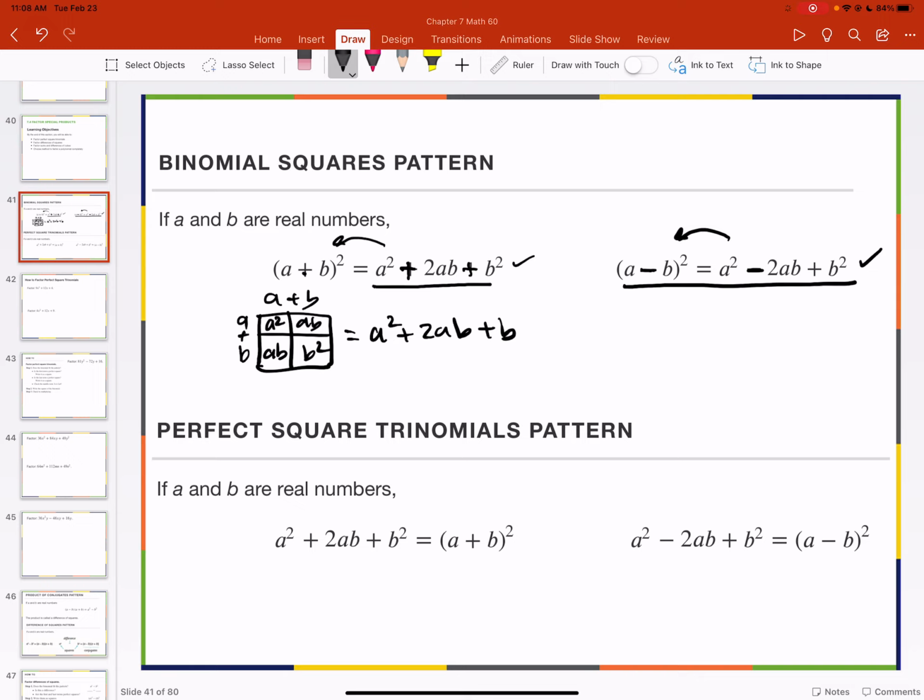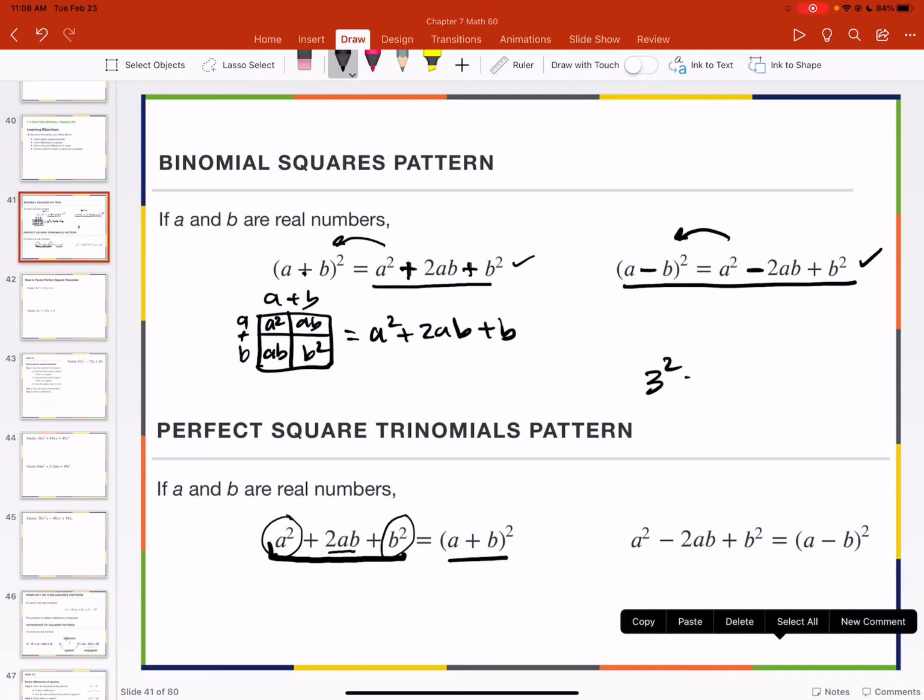So we went over this before, but could we go backwards? So what does that mean? If we could recognize that something was in this pattern, where the first term is squared, the last term is a perfect square, and the middle term is twice the product of the two terms, then we could factor it theoretically, right? We could go backwards. It's like thinking to yourself, well, if 3 squared is 9, then I can say that 9 is equal to 3 squared.